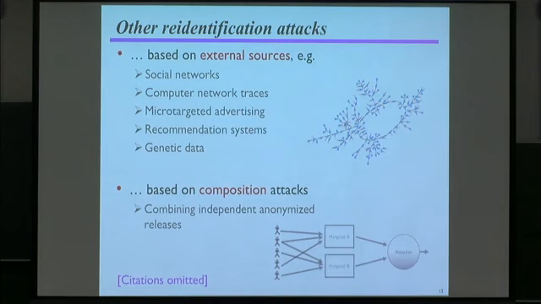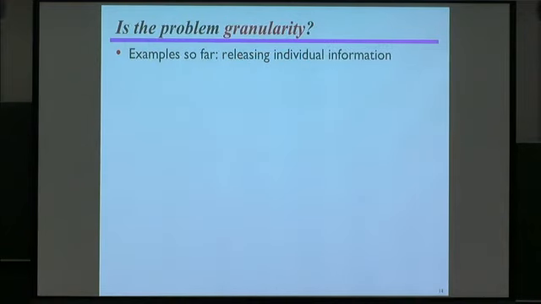The authors of the Netflix paper dubbed this the myth of PII, which I like as a phrase. Based on the kinds of examples I was discussing, one might conjecture that the problem is granularity: if you release individual-level information, it's potentially possible to link individual records in one source to individual records in another.